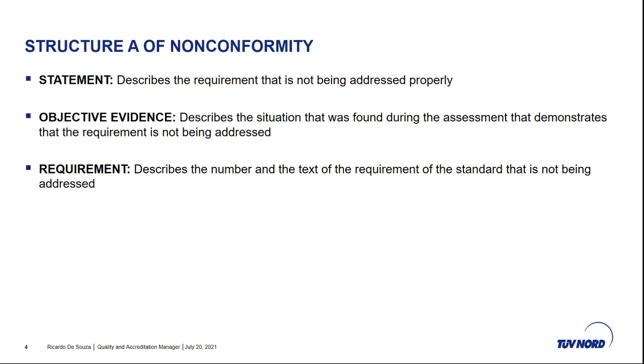We're going to see an example. Then we have the objective evidence, which describes the situation that was found during the audit or the assessment that demonstrates that the requirement is not being addressed. And then we have the requirement itself, which describes the number and the text of a requirement of the standard, or it can be a procedure or guideline that is not being addressed.